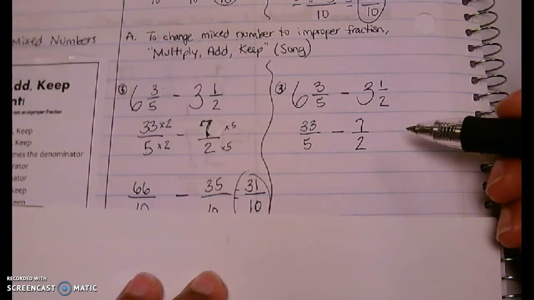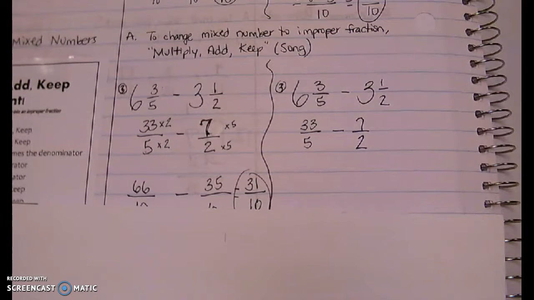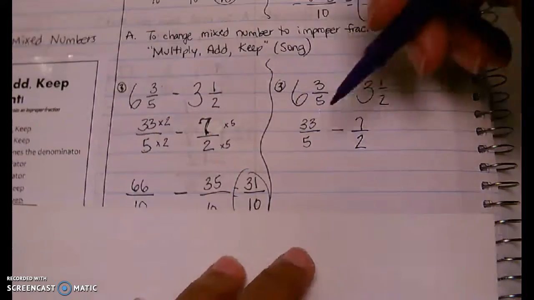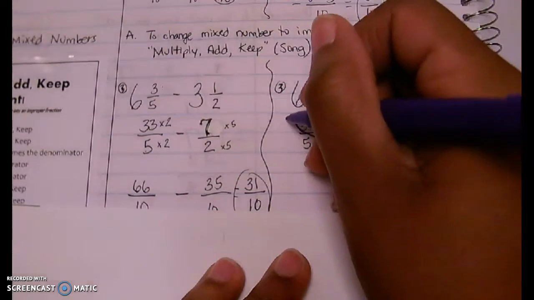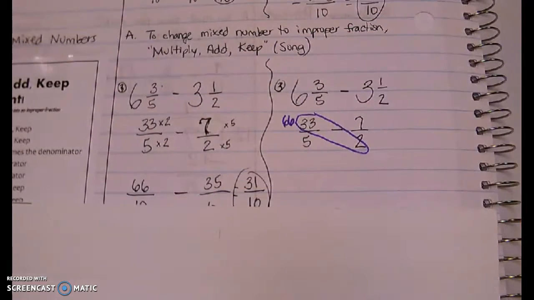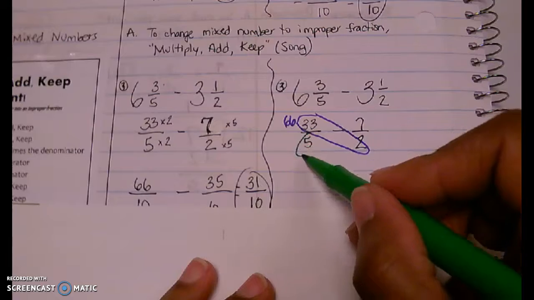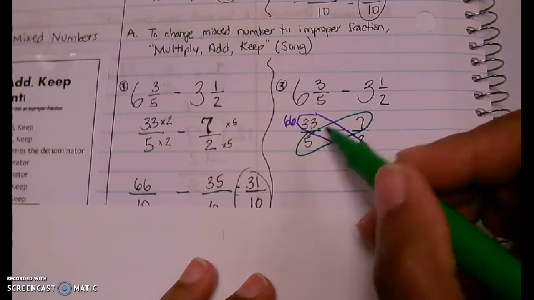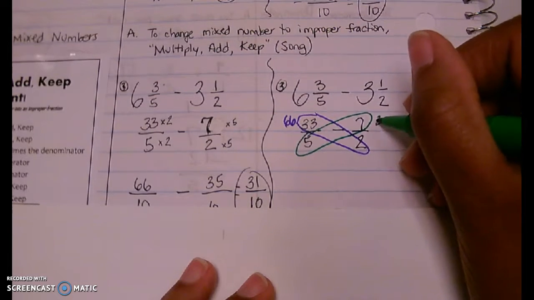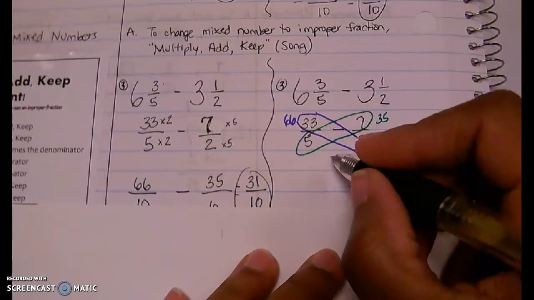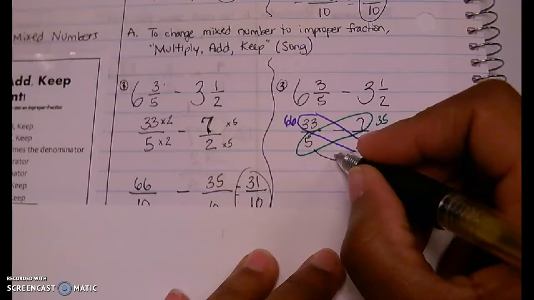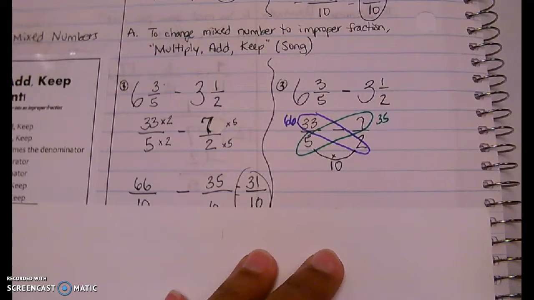Now, using the same butterfly method we've been using, I'm going to start by wrapping a circle around my diagonal numbers here, knowing that 33 times 2 is going to give me 66. Next, I'm going to take my other two numbers and wrap them in a diagonal, knowing that 7 times 5 is going to give me 35. And finally, I'm going to look at my denominators, knowing that 5 times 2 is going to give me 10.